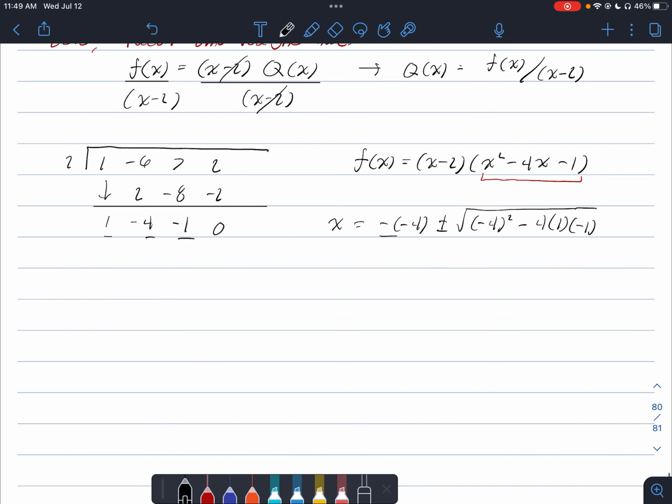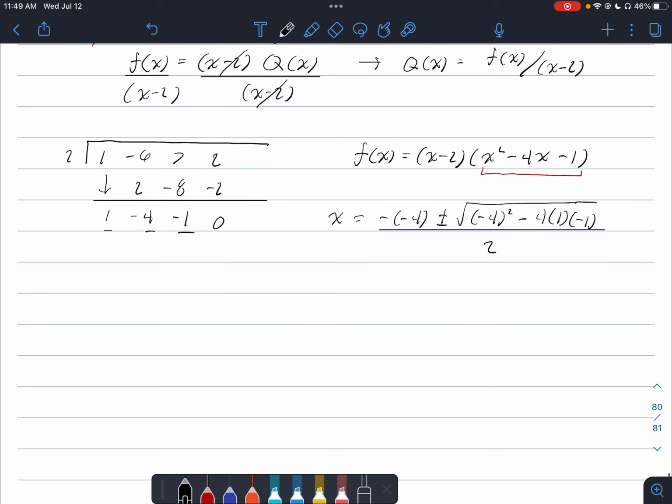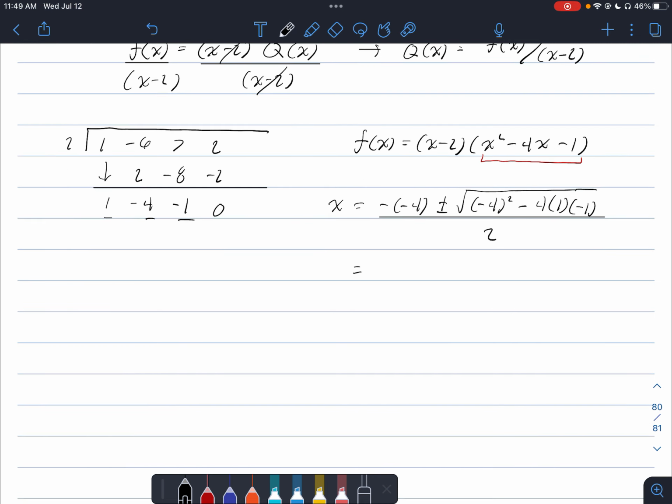And this is all going to be over 2a, or just 2, because our leading coefficient here is 1. All right, so we'll have 4 plus or minus the square root of 16, and this will end up just being plus 4 because we have minus and -4. This is all over 2.